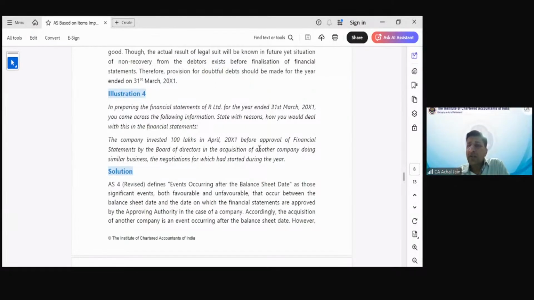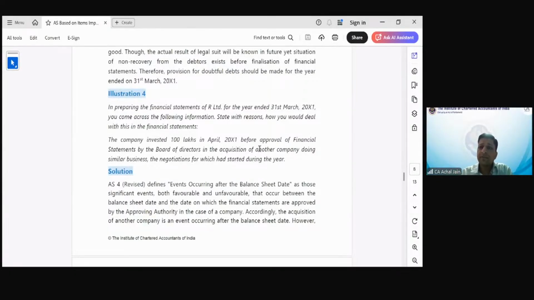Once again, the point is not whether this fire took place on its own or somebody did that. The destruction has happened. So if the assets are destroyed, you'll have to create a provision or not. So the intent doesn't matter in this case. Whether that is by mistake or fraudulent, both the things you'll have to understand. And in this case, because this event has occurred, you'll have to call it non-adjusting only.